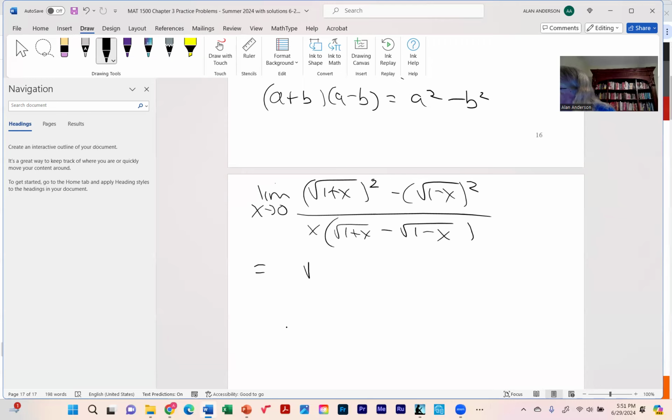Actually, let's simplify just a little bit. So in the numerator, I have 1 plus x minus 1 minus x.